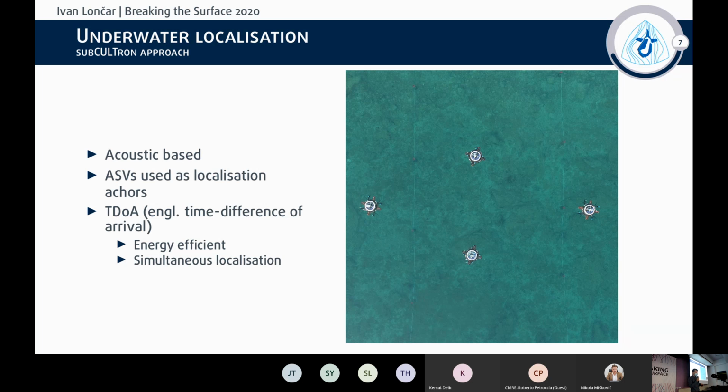Since all surface agents are broadcasting the localization data, and they don't require any feedback from the underwater sensor, they don't waste unnecessary energy in broadcasting acoustic signals. And it offers simultaneous localization because underwater agents are listening passively and localize themselves.